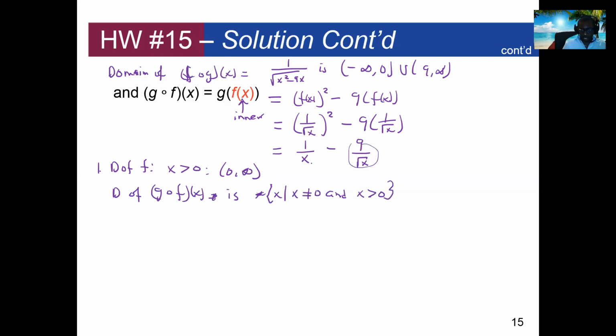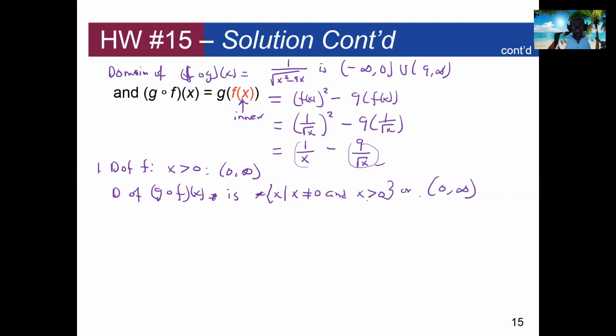It cannot equal 0 because of 1 over x, and it is greater than 0 because of 1 over the square root of x. So if you combine this, it cannot equal 0. If you talk about negative, it won't satisfy the expression 1 over the square root of x. So the domain will just be greater than 0, which is the same as saying from 0 to positive infinity.